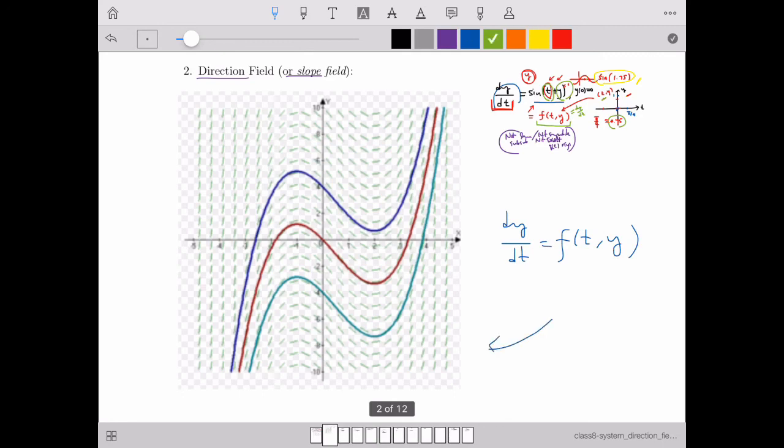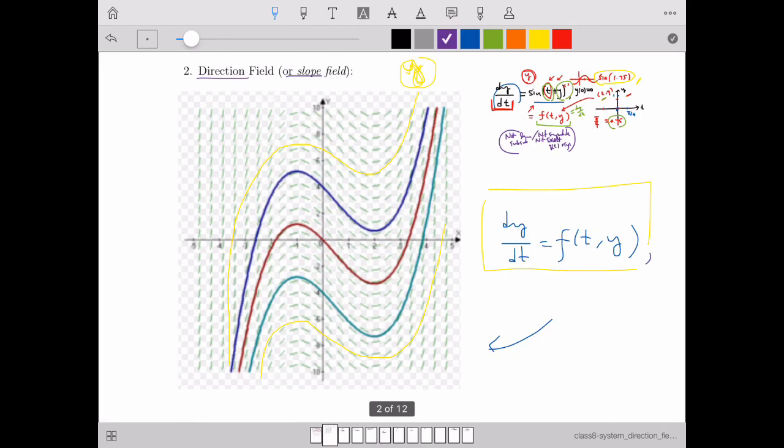Then you just follow the arrows and draw a rough graph of the function y. That's an approximate graph of your solution y. You can draw many, there are infinitely many.